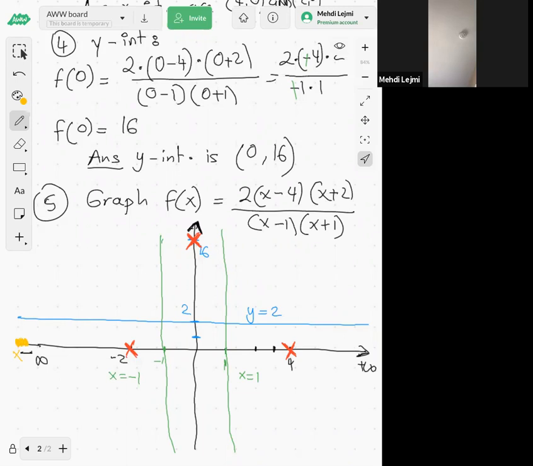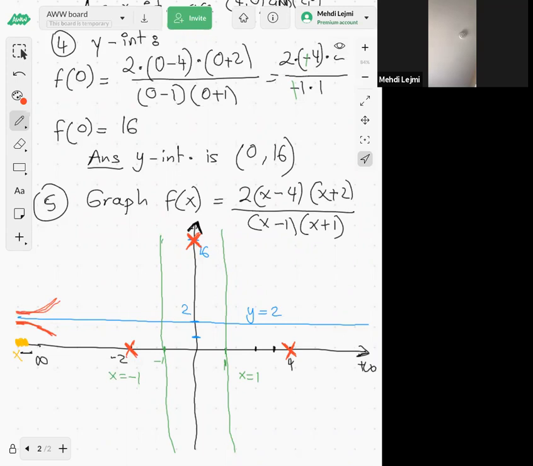And because y equals 2 is a horizontal asymptote, when x is close to negative infinity, your graph is going to be as close as you want to y equals 2. Then we have two options: either your graph is going to be below the horizontal asymptote or above the horizontal asymptote.